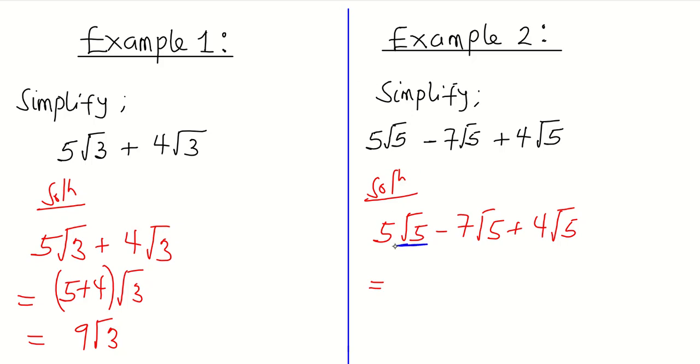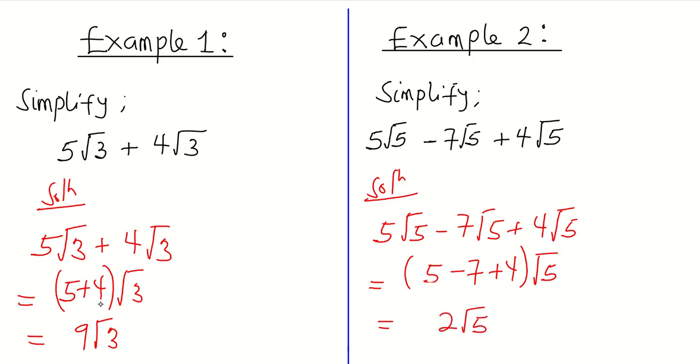We have square root of 5 here, square root of 5, square root of 5. And once they are all the same throughout, then we can go ahead and add the coefficients. It means we are going to have 5 minus 7 plus 4. Then we bring the common root component. Now 5 minus 7 plus 4, we are going to get 2. And so at the end, you have 2 square root of 5.